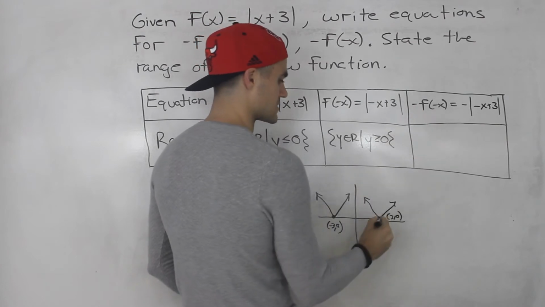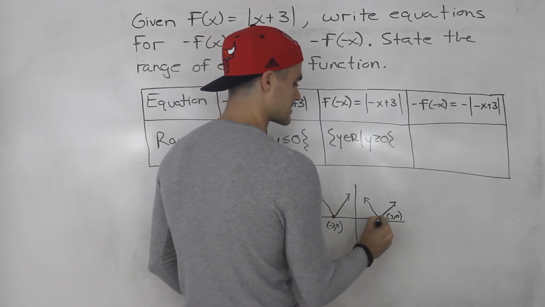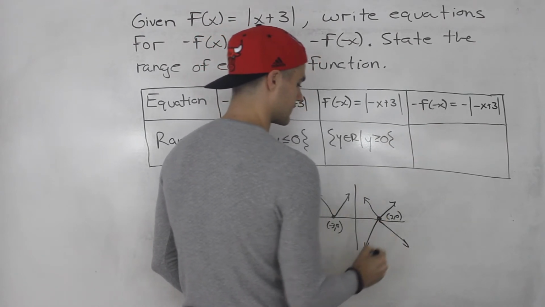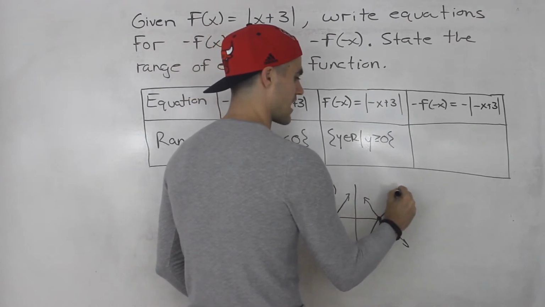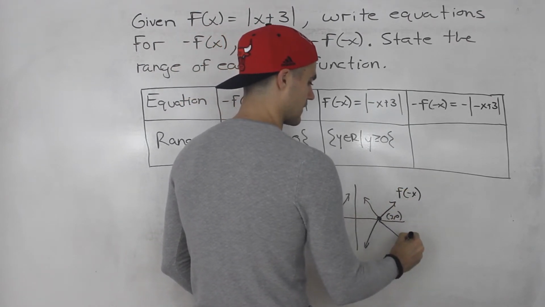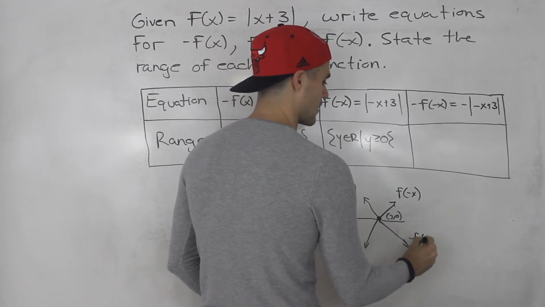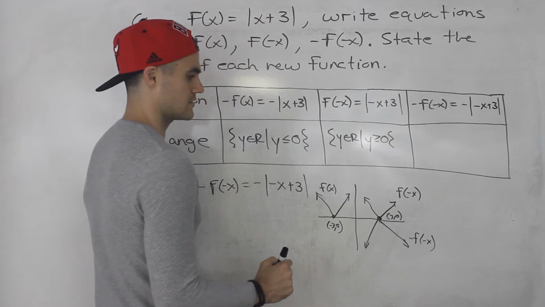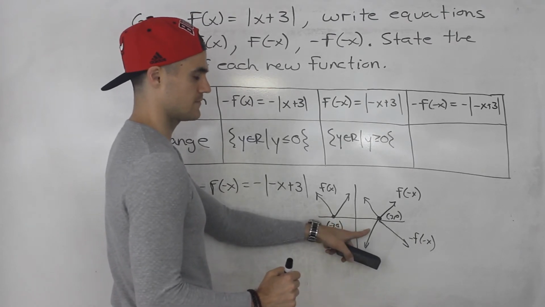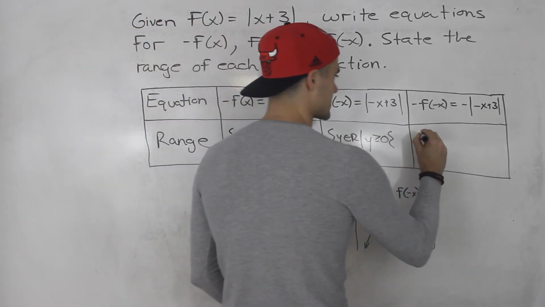And then the a value is negative, so we're reflecting it in the x-axis. So that's going to be going down like that. Okay, so this is f of x. This function here is f of negative x. And then this function here is negative f of negative x, like that. All right, so the range for this new function is y is less than or equal to 0.